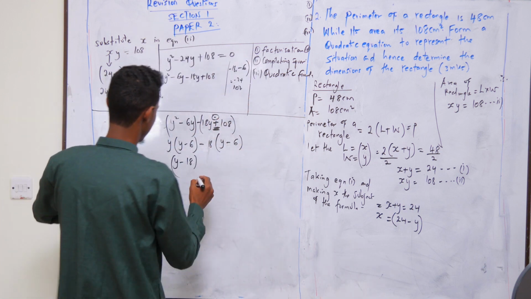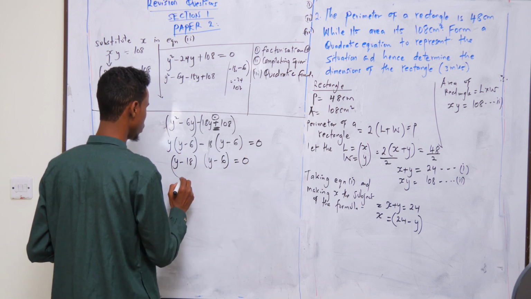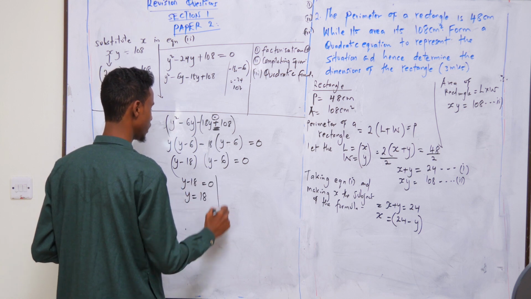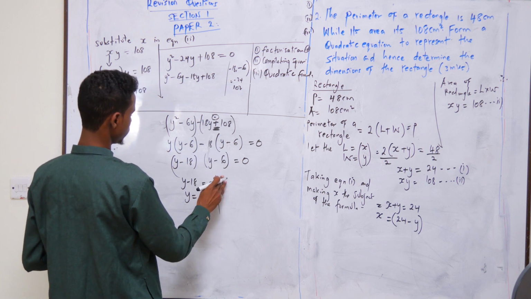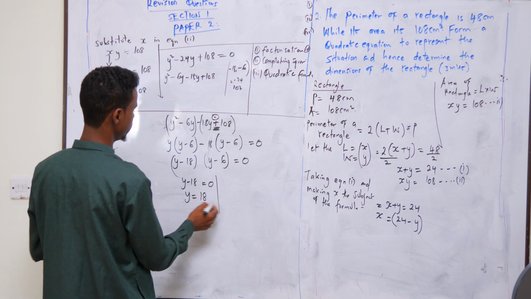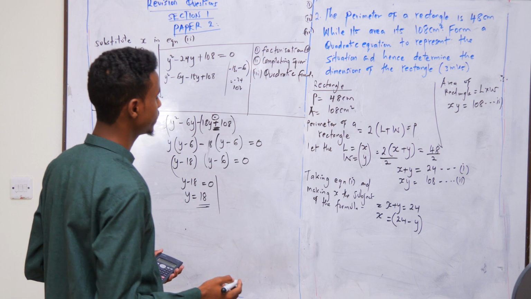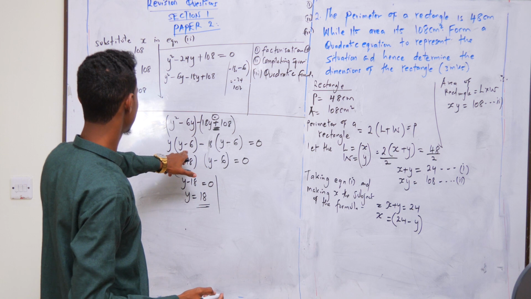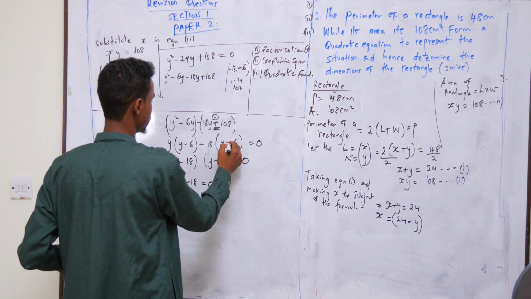Good. Now it will be into bracket y minus 6, which gives us 0. Now it will be y minus 18 is equal to 0, which is y is equal to 18. Another one here we have y 18. Now we got y as 18, and therefore, what is the next thing? You got y into bracket y minus 6 minus 18 into bracket y minus 6.